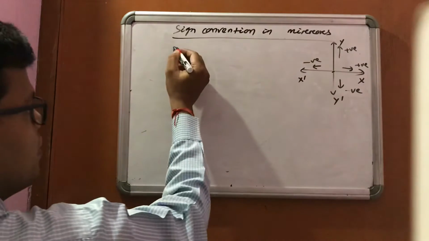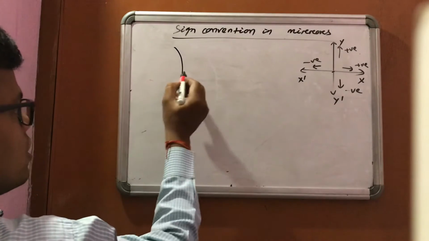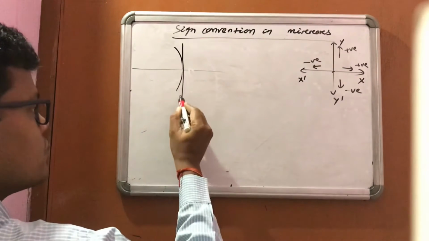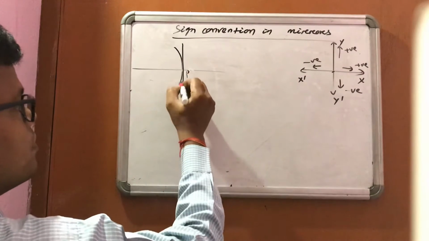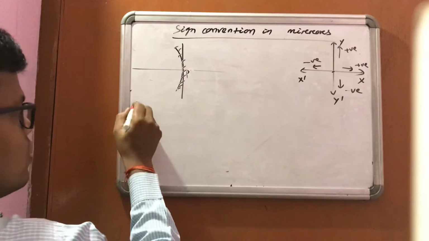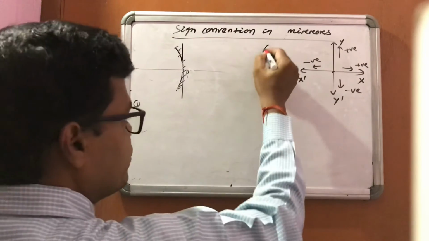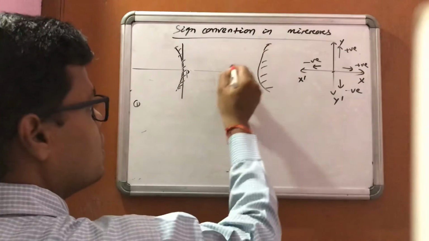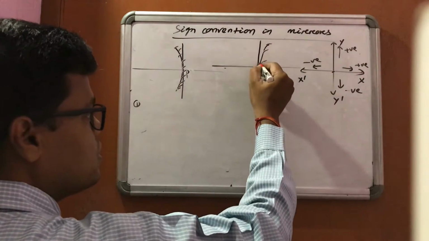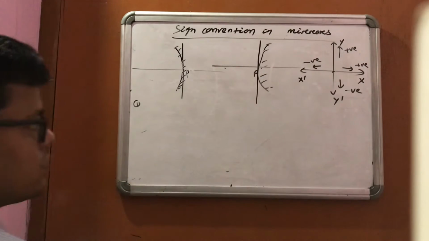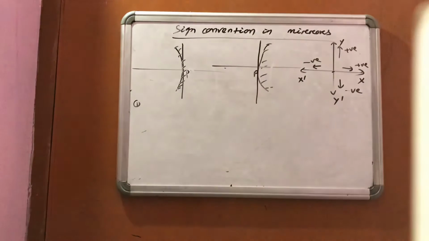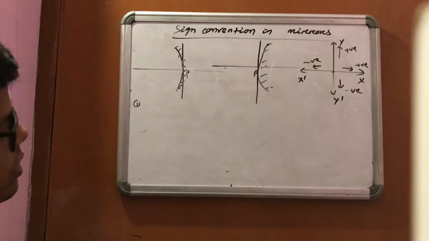Similarly, imagine this is a concave mirror and this is the pole of the mirror. Or this is a convex mirror, again this is the principal axis, this is the pole. If you compare this with the Cartesian coordinate in mathematics, easily you can understand.